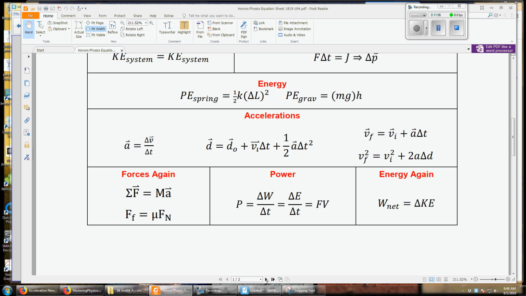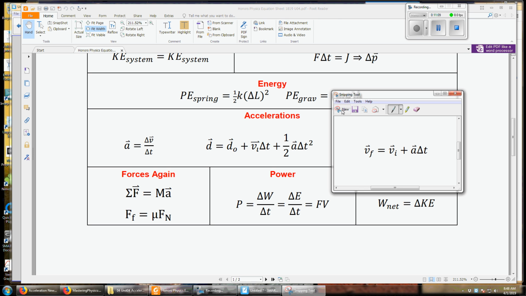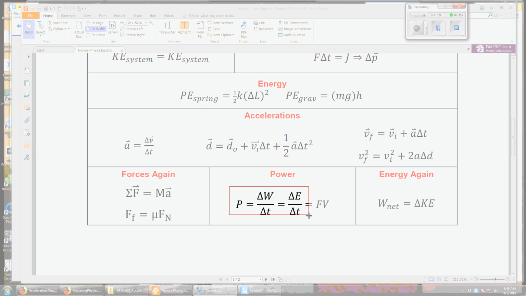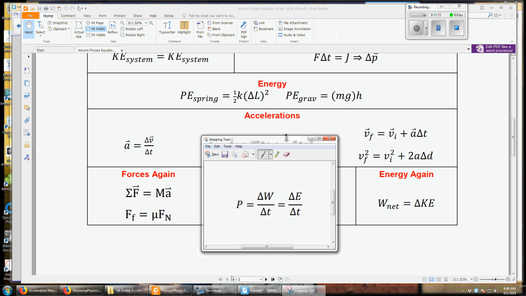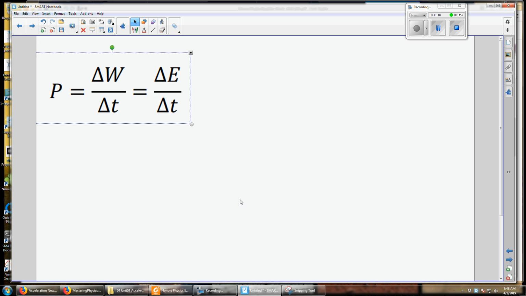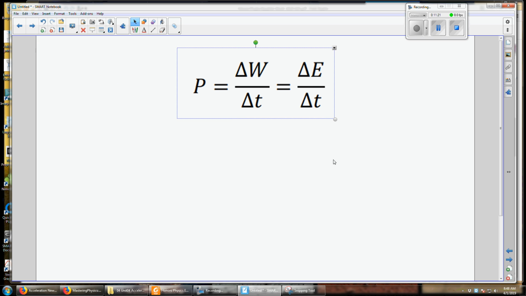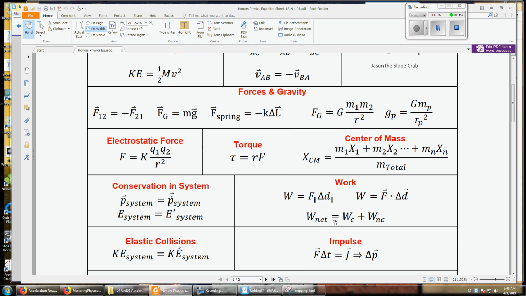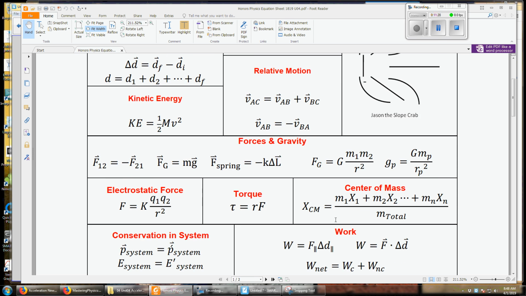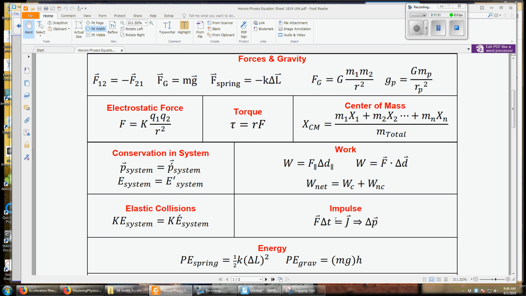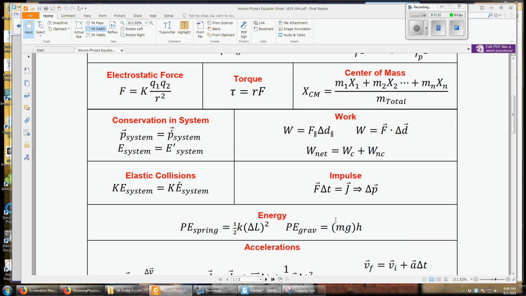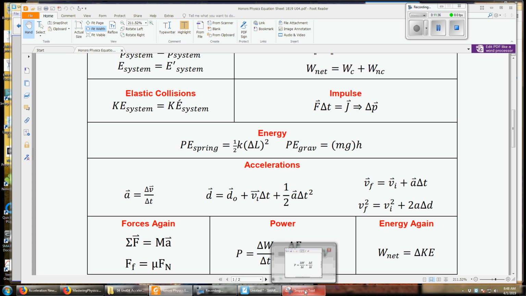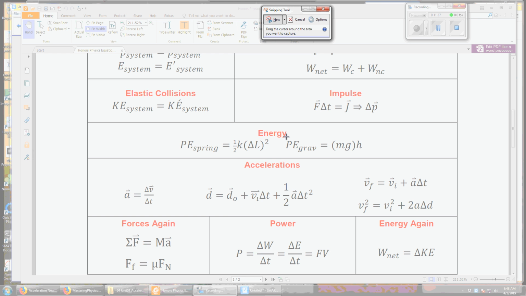So I probably would be good to have my power equation here, in case I need it, because I know that the work I do is going into gravitational potential energy. Grab that one.